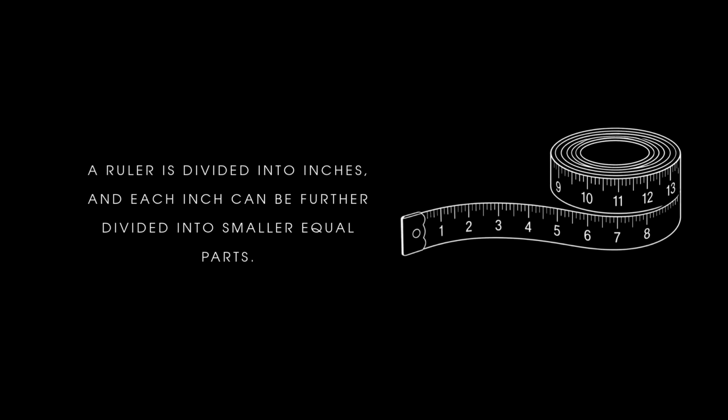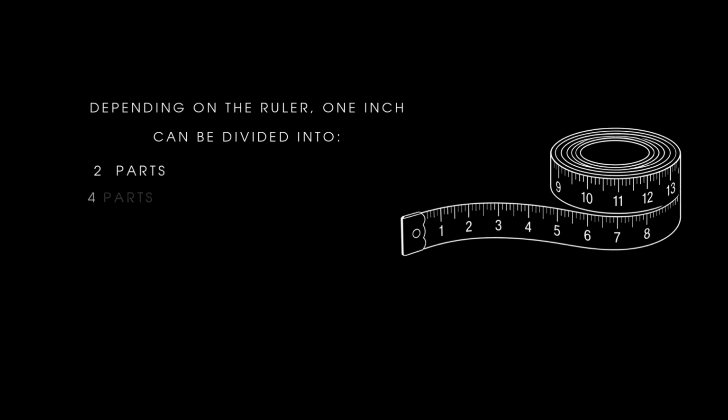Now, before reading a ruler, let's understand what an inch is. A ruler is divided into inches, and each inch can be further divided into smaller equal parts. Depending on the ruler, 1 inch can be divided into 2 parts, 4 parts, 8 parts, and 16 parts. In fashion design, rulers often use a division of 1/8 inch or 1/16th inch.